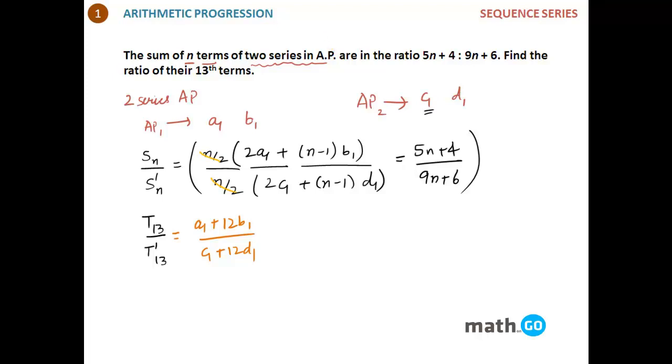What actually is left now is 2a1 plus n minus 1 b1, right? And in the denominator you are left with 2c1 plus n minus 1 d1, and this ratio is given to be 5n plus 4 by 6n plus 6, right?